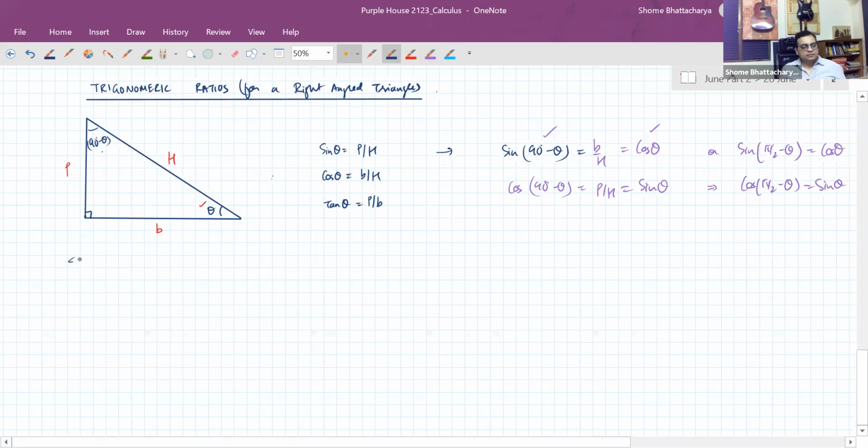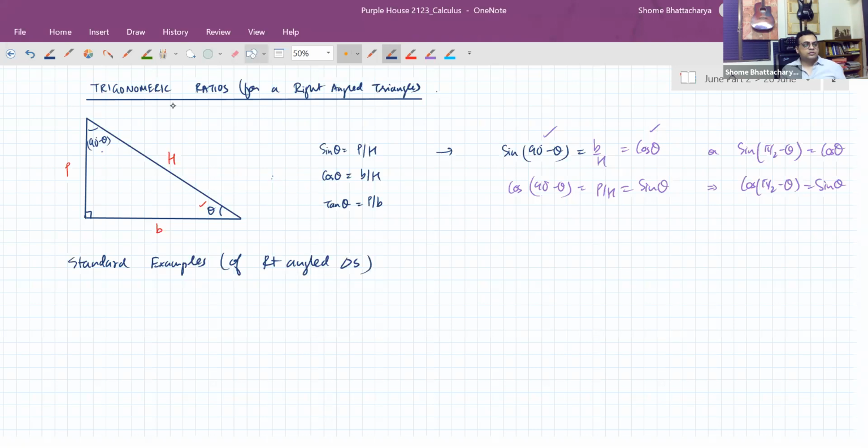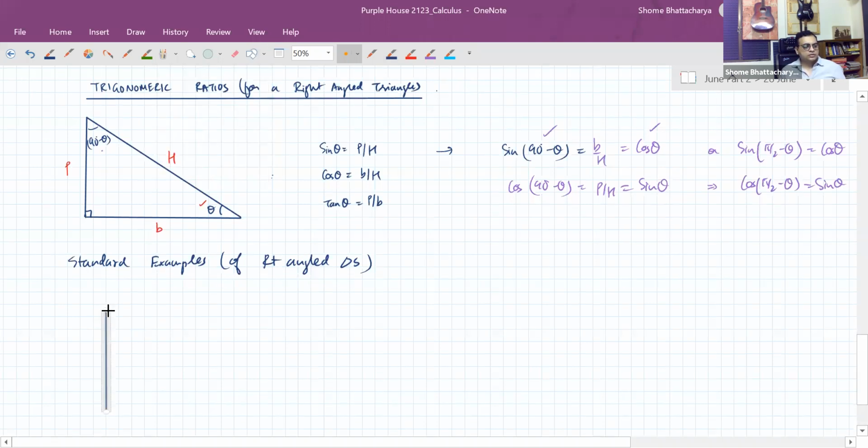Now, the standard examples of right angle triangles that you need to keep in mind will be very useful for you in physics, vectors, kinematics, all sorts of chapters like this.